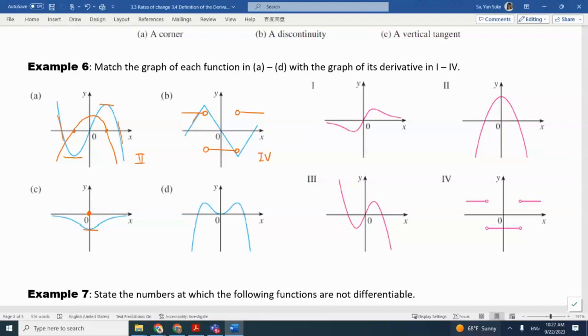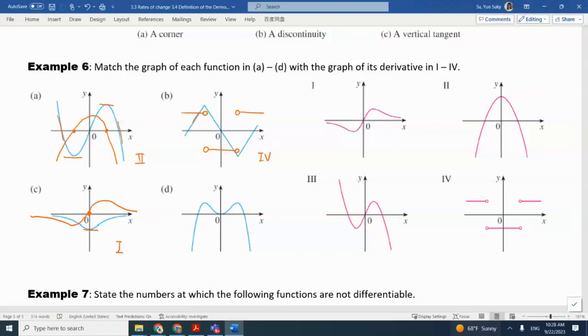So that's why this is negative but goes to 0. On the other side, your slope is what? Positive, but it also goes to 0. Right, everybody? So it's positive and also goes to 0. That's why it's the number 1 picture.